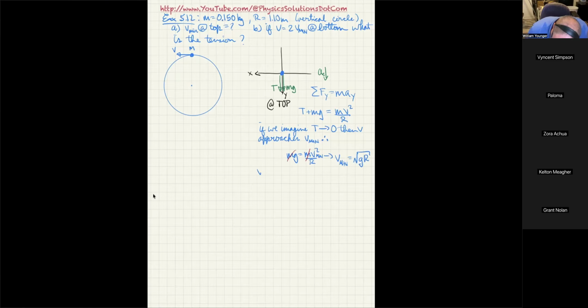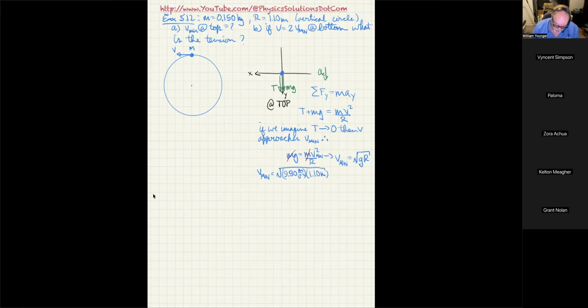We can go ahead and plug that in. v min is equal to the square root of 9.80 meters per second squared times the r, which is 1.10 meters. Notice meters times meters per second squared gives you meters squared per second squared. And when you take the square root of that, you get meters per second. So I'm going to say 9.8 times 1.1 gives me 10.78.